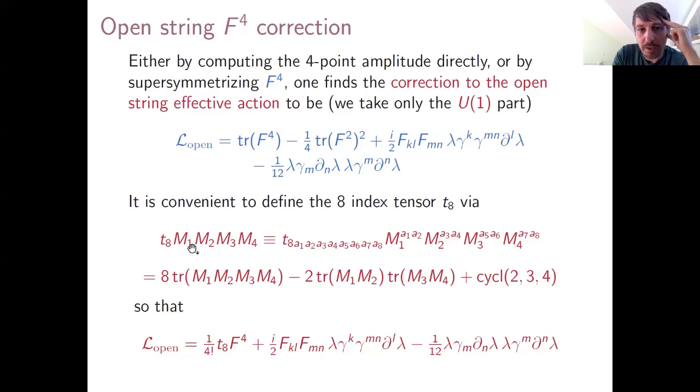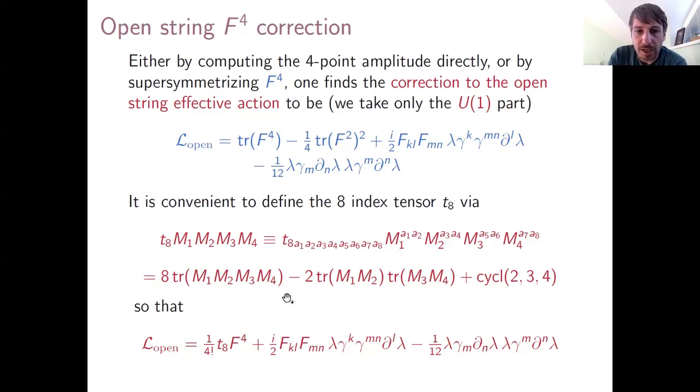If it's contracted with 4 2-index antisymmetric objects, M1, M2, M3, M4, I just write it as T8, M1, M2, M3, M4. It means this, and it's defined in the following way. It's 8 times the trace of the product of these things as matrices, and then minus twice a double trace. And then we sum cyclic permutations of 2, 3, and 4.